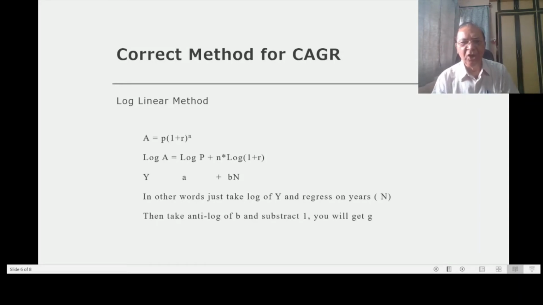So we can take log A as y, log P as A, and log(1 plus R) will become our B, that is the coefficient of n. In other words, just take log of y and regress on years, that is n. Then take the antilog of B, subtract 1, and you will get the growth rate G.